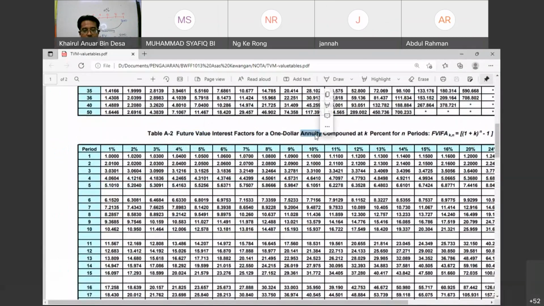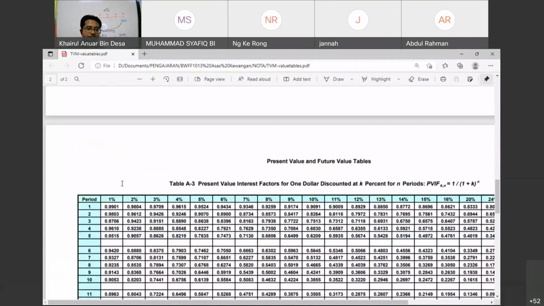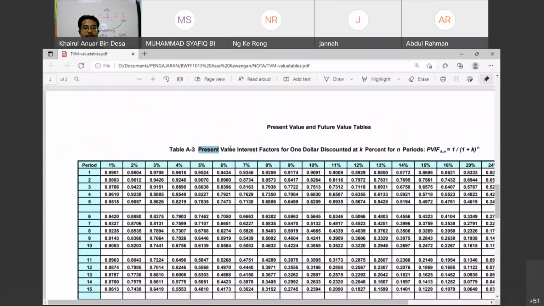After this, we're going to learn about the annuity. Now, table number 3 is the present value. So 10%, 10 years: 0.3855.